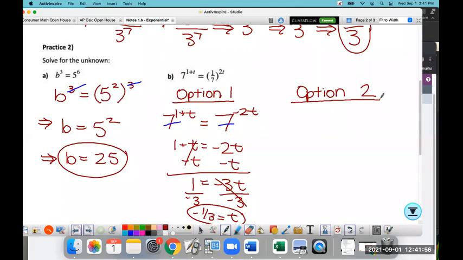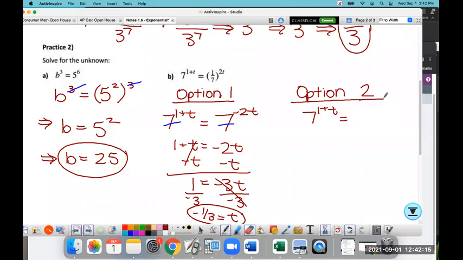So I'm actually going to start off with my 7 to the 1 plus t, whole, 7 to the negative 2t. And I'm going to go ahead and, oh, you know what? No, I'm not even going to start off with that, because what if we didn't think to do that in the first place?